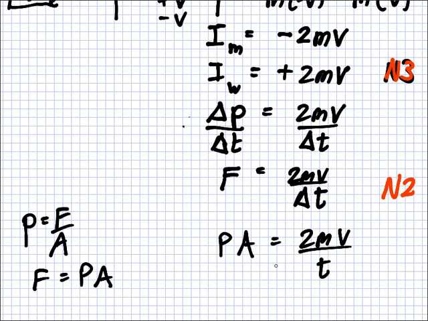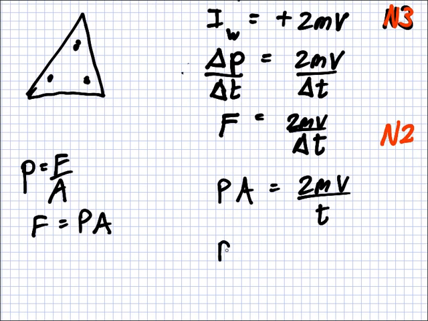Now, if we think also about this triangle, distance, speed, time. I'm going to get rid of the time here. So distance, speed, time. What's time? Distance over speed. So I'll just replace that t with distance over speed.